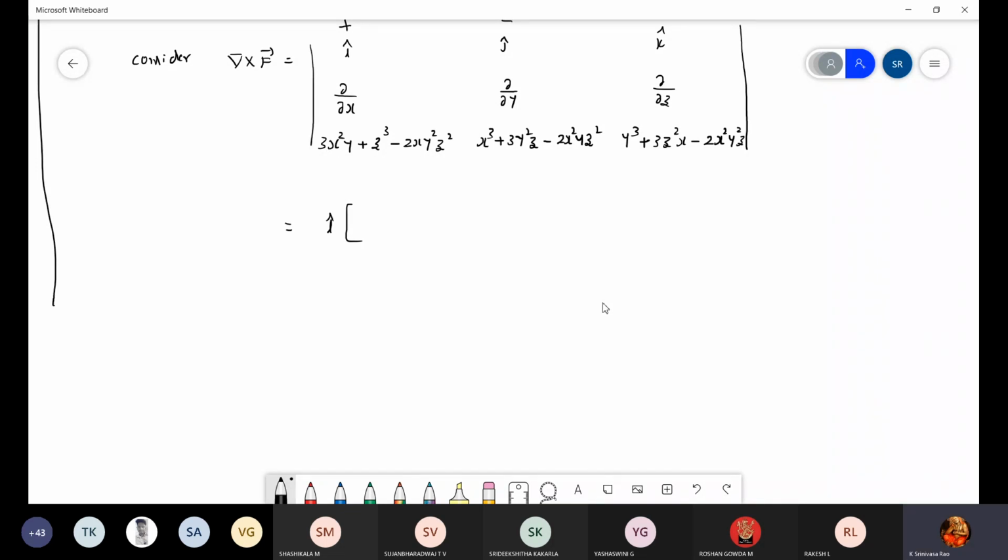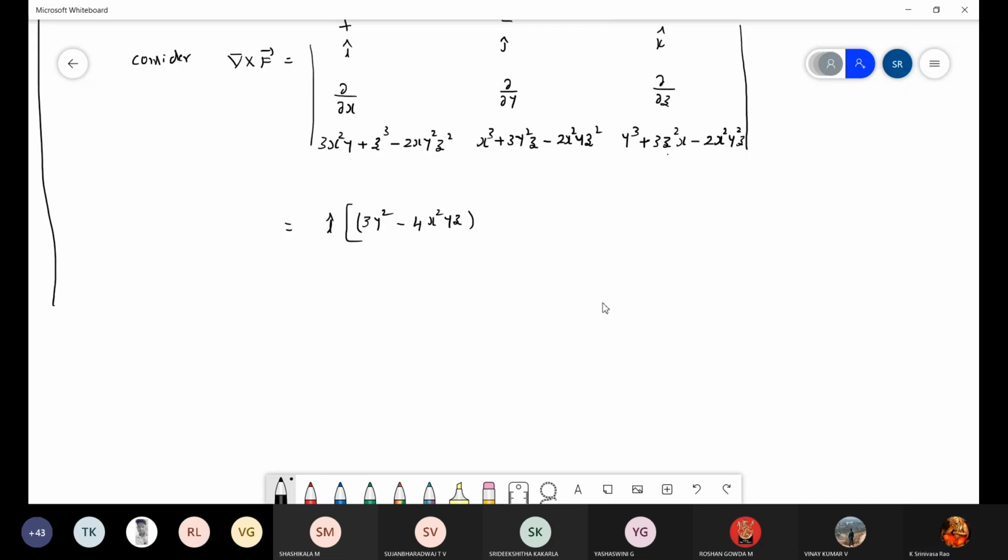Yes, i cap into dou by dou y of this, you will get 3y square, second term 0, minus 4x square yz. Is it right?